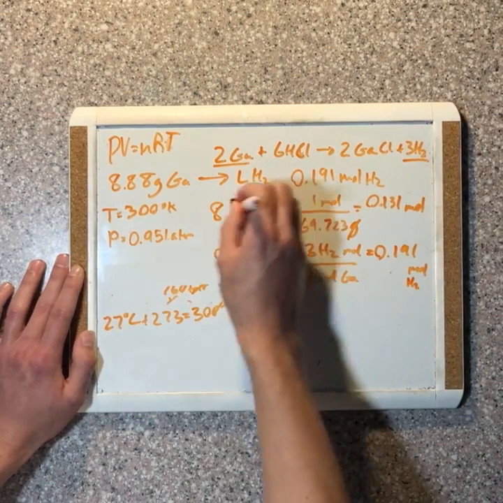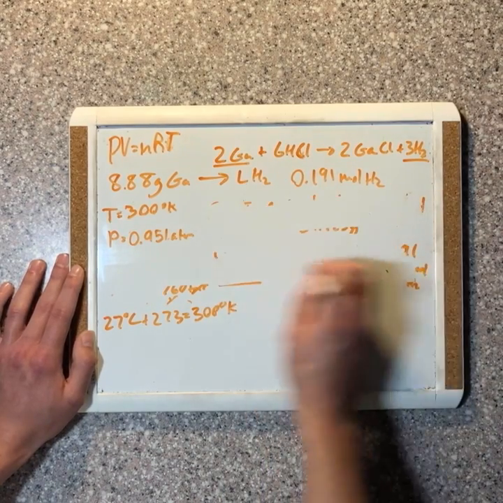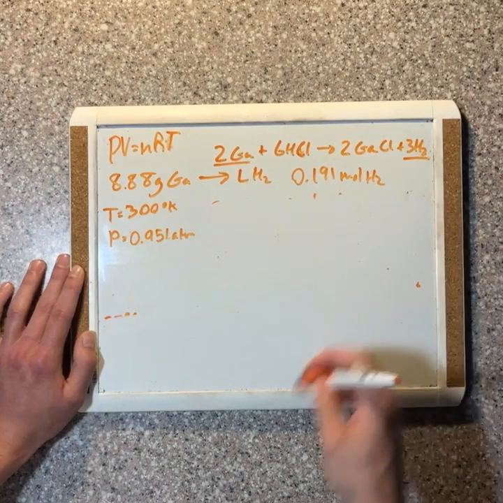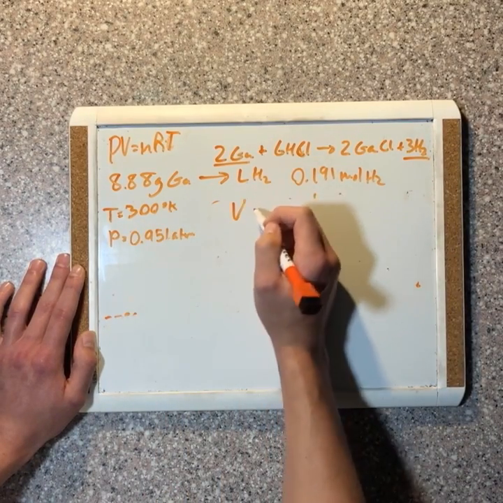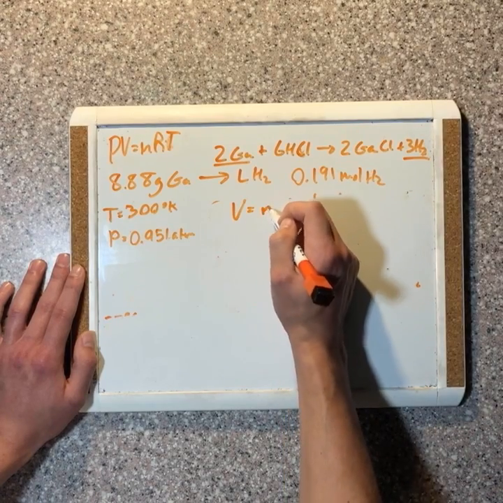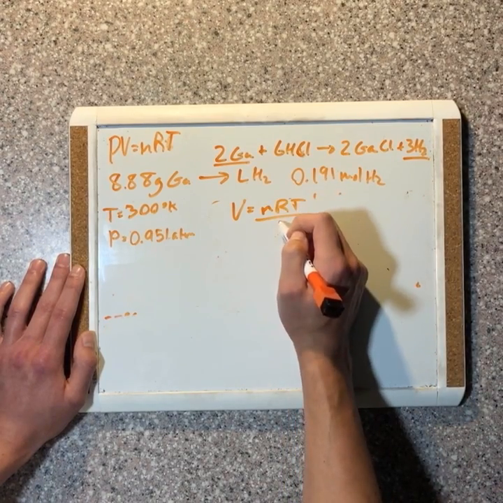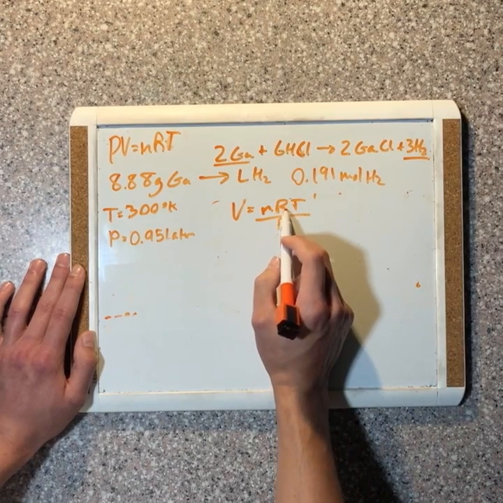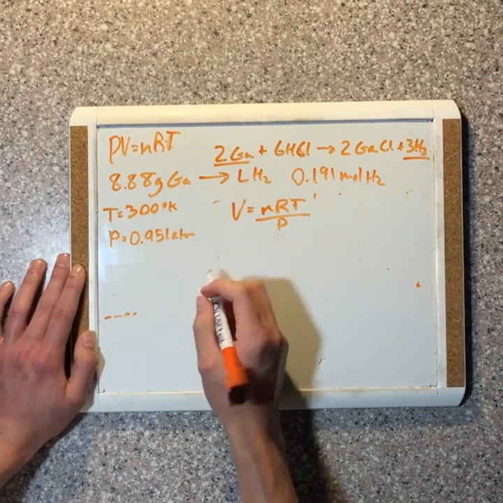Let's clear out some space, and then we'll use the ideal gas law to solve for our volume. PV = nRT, we want to isolate volume on its own since that's what we're looking for. And that's going to be the number of moles times our constant times our temperature divided by our pressure.